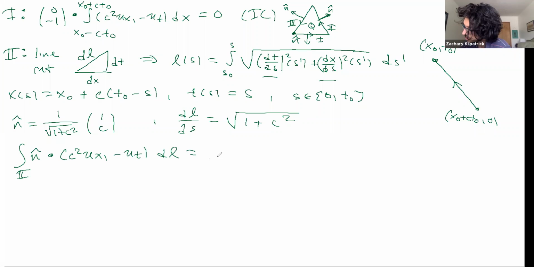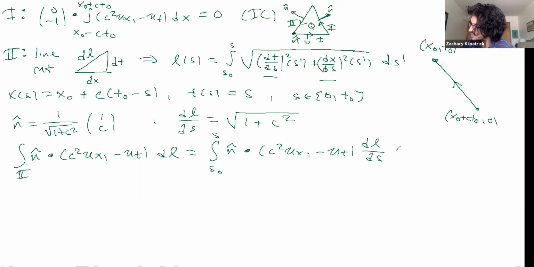then what I get is the integral from s0 up to s, okay, of n hat dotted with c squared ux minus ut, dl ds, right, now integrated with respect to that parameter, okay?